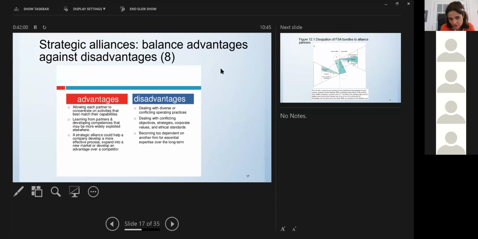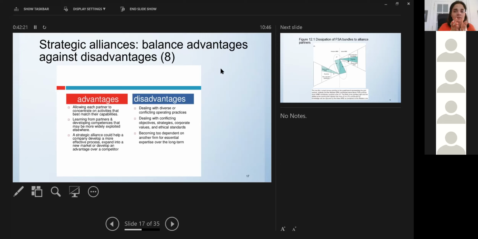And the third advantage is that the alliance could help a company to develop more quickly, to develop an effective process, and to expand, for example, together in a new geographical market or a new product market. In many cases it's a combination of a new product and a new geographical market.